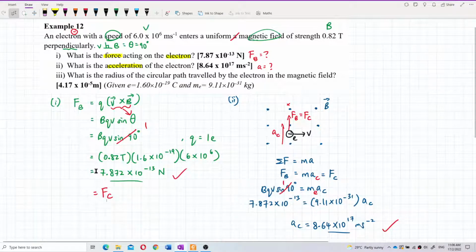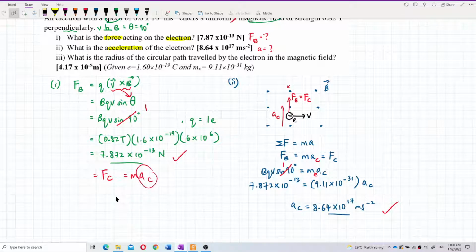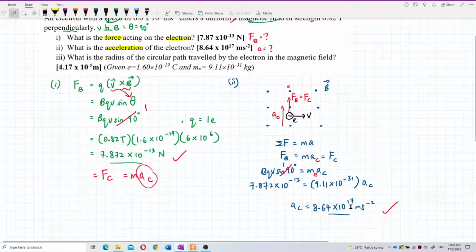The magnetic force is the centripetal force, and centripetal force equals MAC, and then you can find the centripetal acceleration, which is this one. So I got the answer.